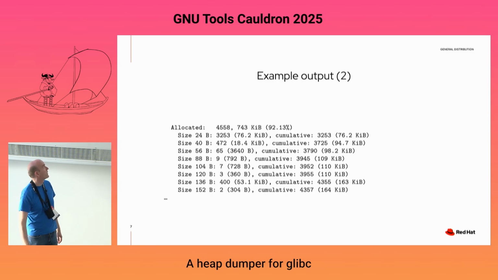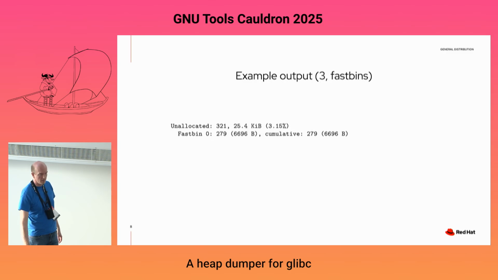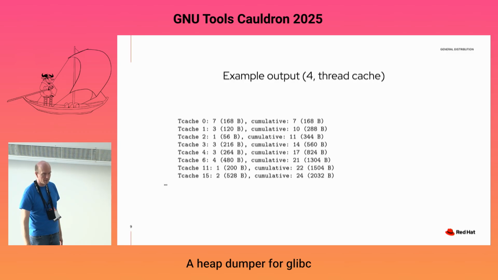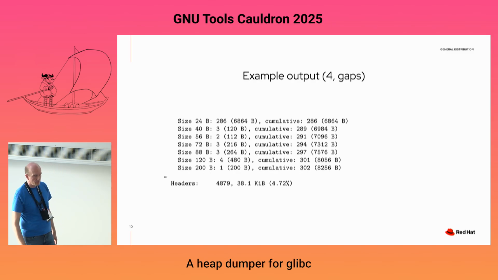And this one shows a pretty good utilization of the heap, with 92% allocated. For the unallocated allocations, we list the fastbin allocations separately from the tcache allocations. From the lower-level allocator's perspective they are allocated, but we present them as unallocated to get the application view.